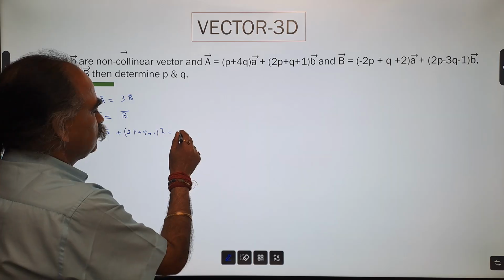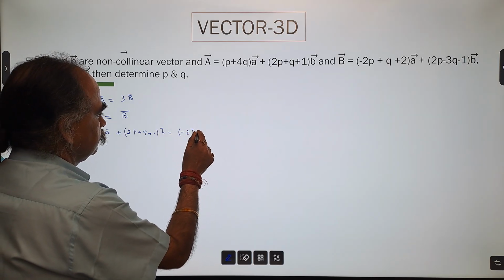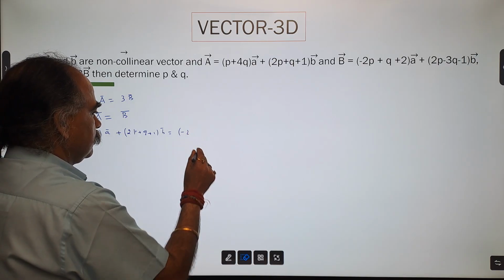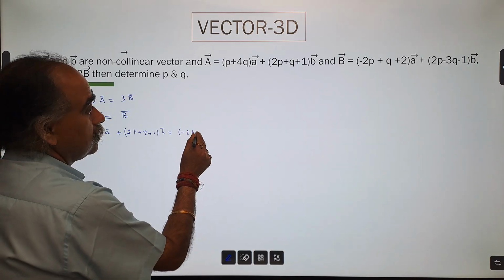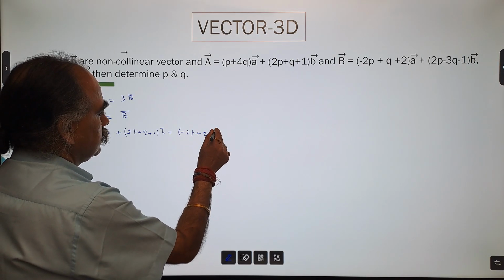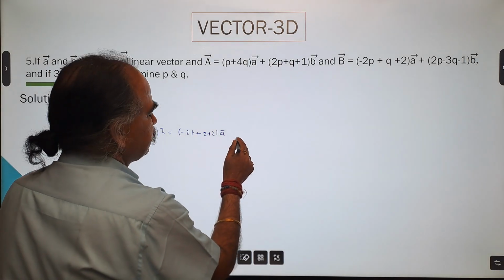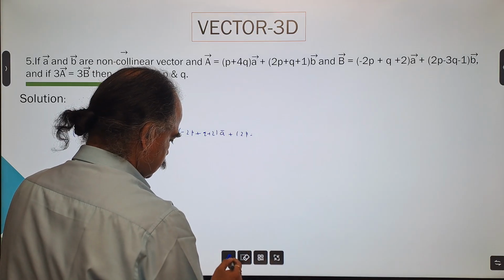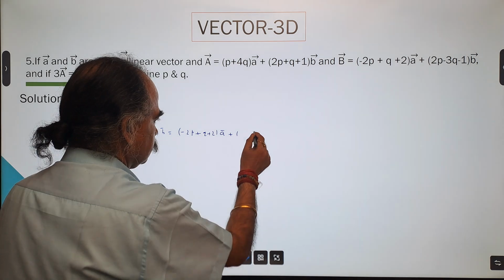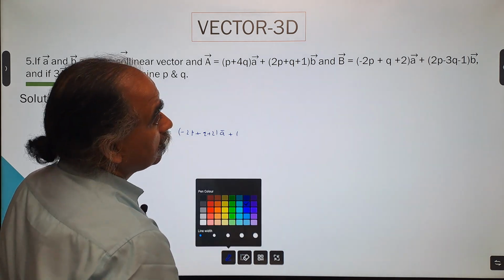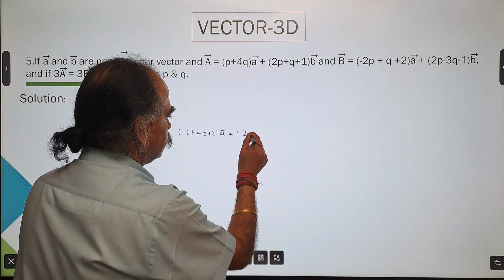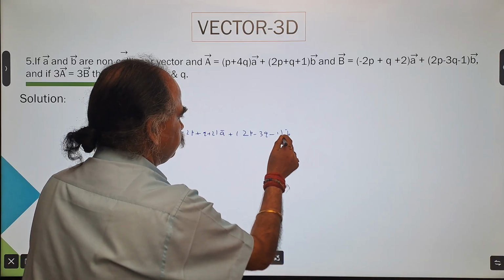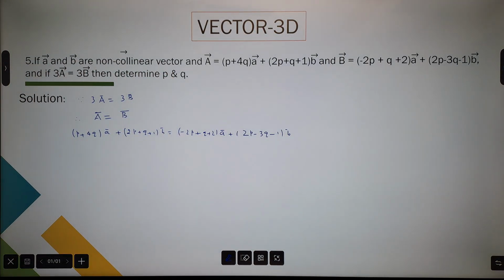B bar is what? Minus 2P plus Q plus 2 times a bar plus 2P minus 3Q minus 1 times b bar. Now they are given that a bar and b bar are non-collinear vectors.